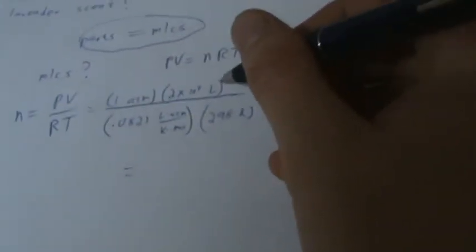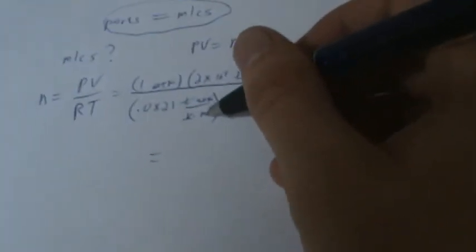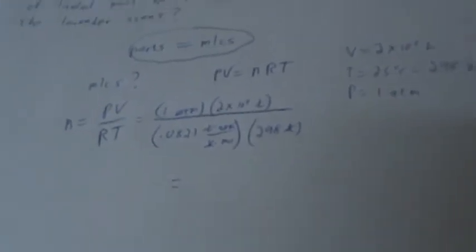Now if you cancel off all of your units, liters, atmospheres cancel with this here, K cancels with that, you're left with moles, because that's in the bottom, so it's inverted, so your answer is going to be in moles, and you know you set your problem up correctly.